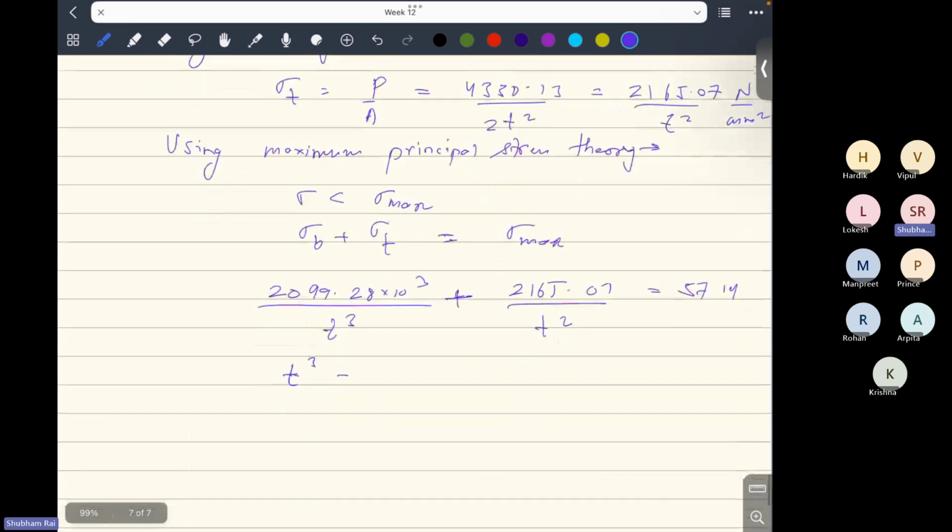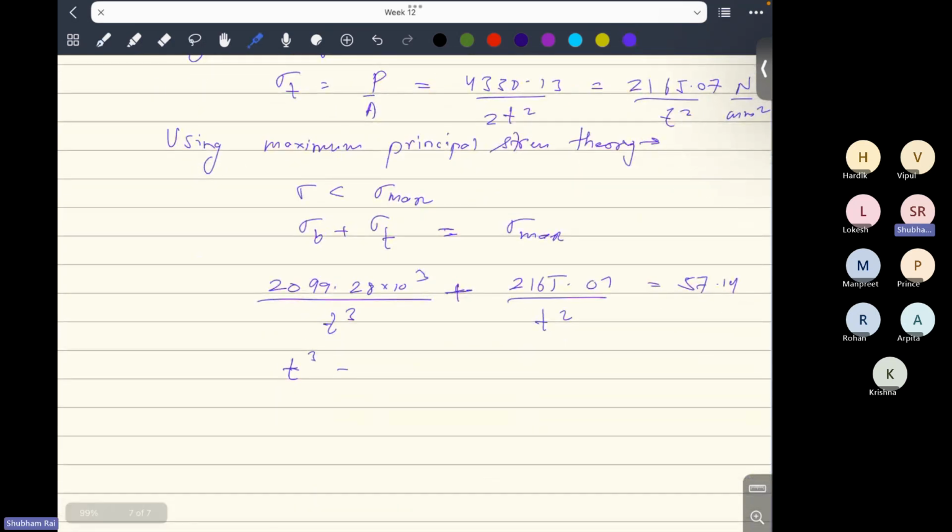So finally, if you solve this, here it should be free of t cube if you take t cube as a denominator, I mean LCM. This should be t, and this should be t cube.